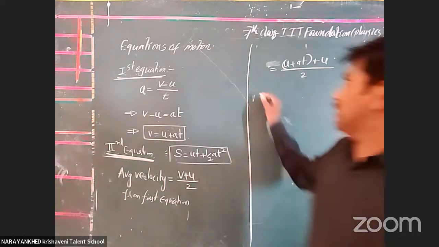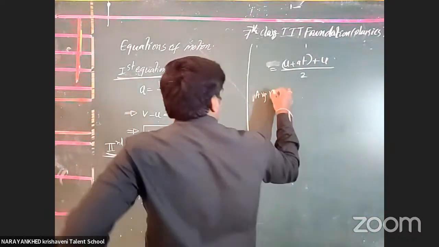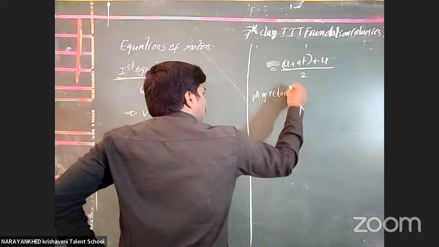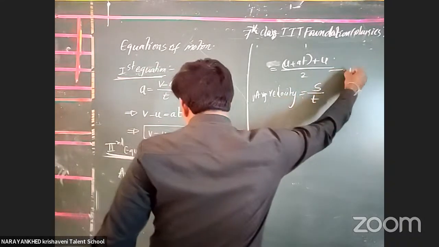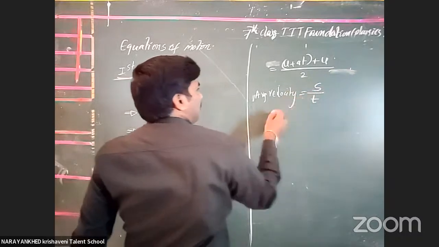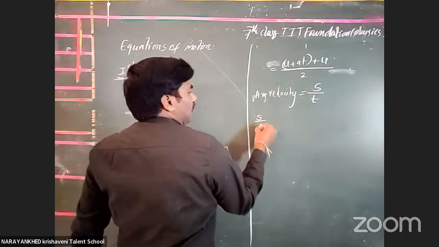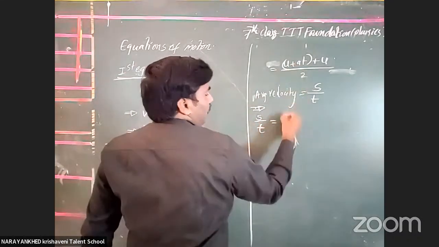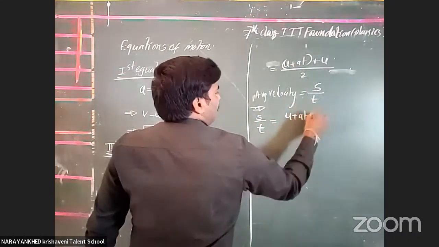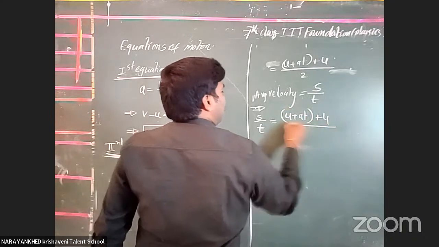You have to write average velocity is equal to distance by time. Substituting this average velocity value, it implies s by t is equal to u plus at plus u by 2. Now, taking cross multiplication, this 2 goes to the other side: s is equal to u plus at plus u, into t by 2.